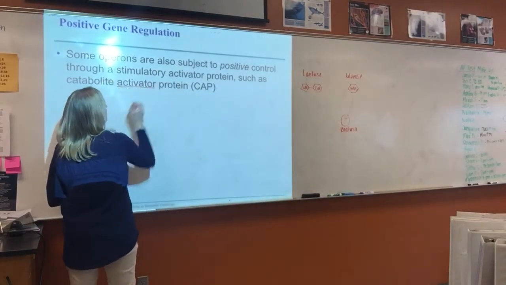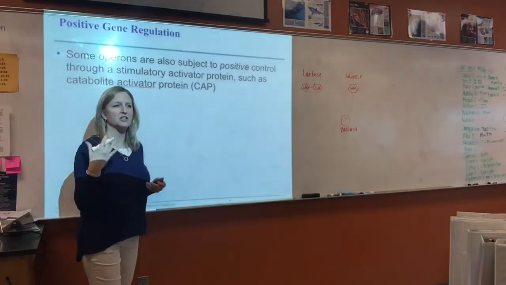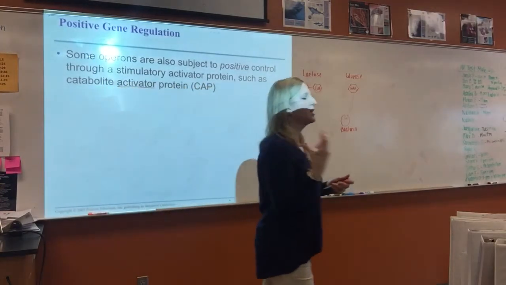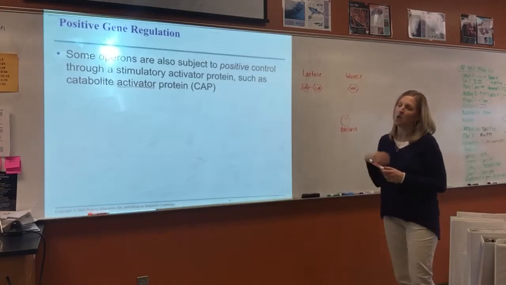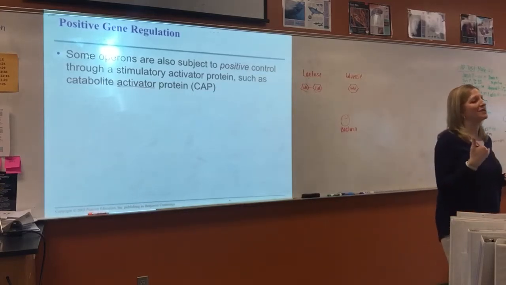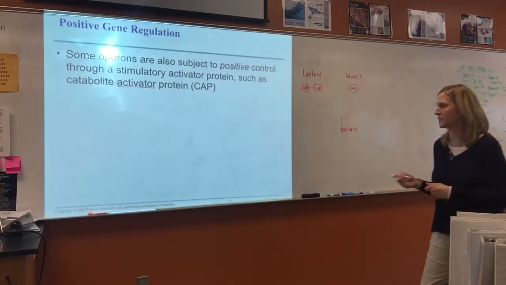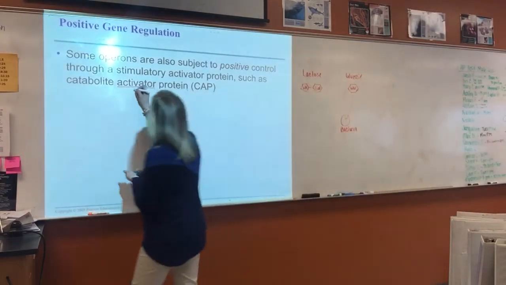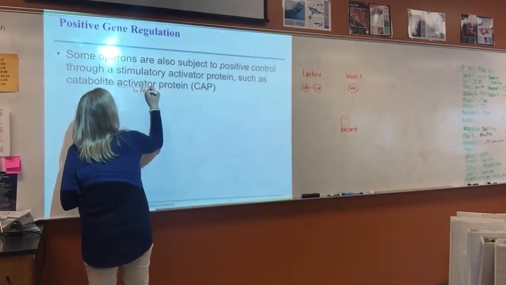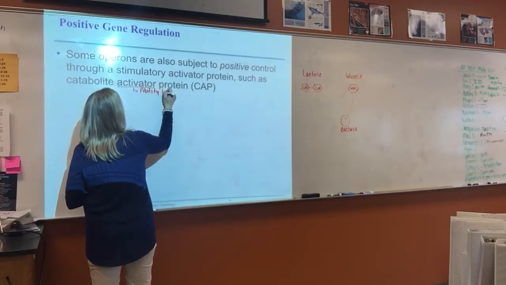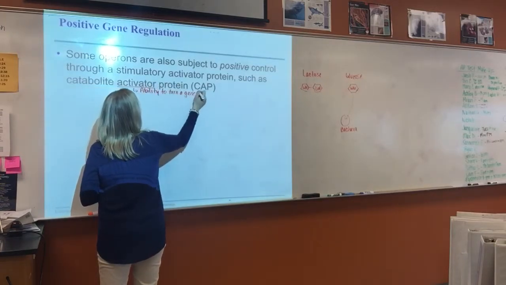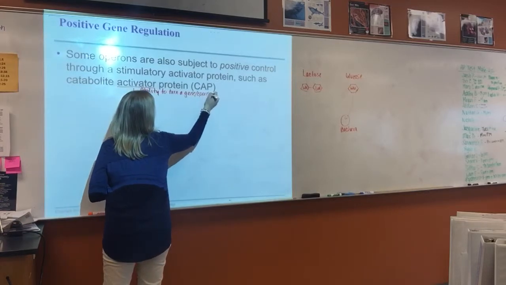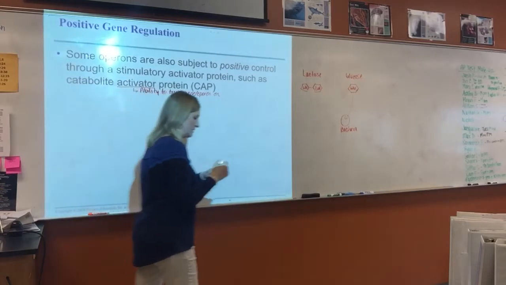An activator protein has the ability to turn on a gene. Okay, so that's what the activator means, is the ability to turn on a gene. When I say ability, that means it has to be in the right shape to turn on the gene. I'm going to write that here, ability to turn a gene, or in this case, operon on.